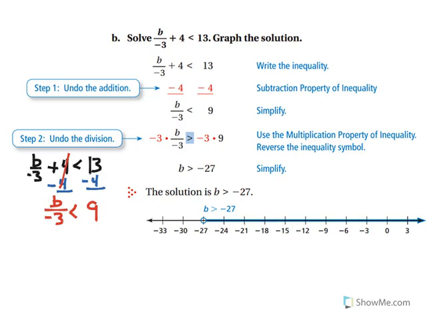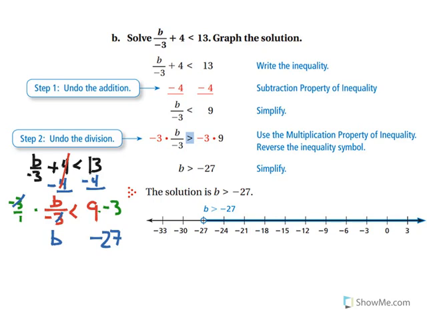At this point, we have to undo the division by negative 3 by multiplying by negative 3. So I'm going to multiply both sides by negative 3. And the 3's cancel out, leaving me with b. And then 9 times negative 3 is negative 27. Now notice we multiply both sides by a negative.